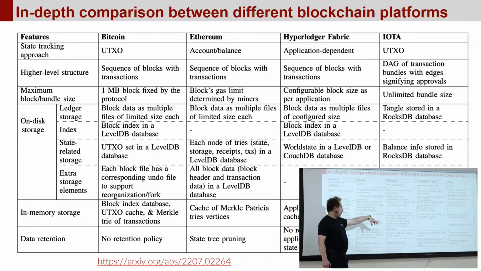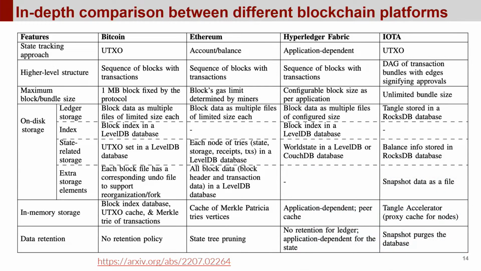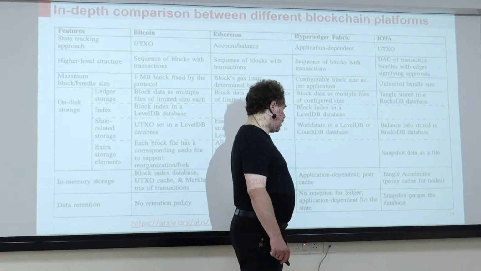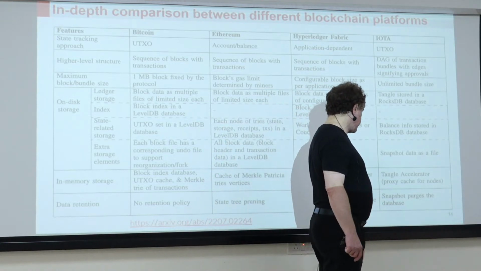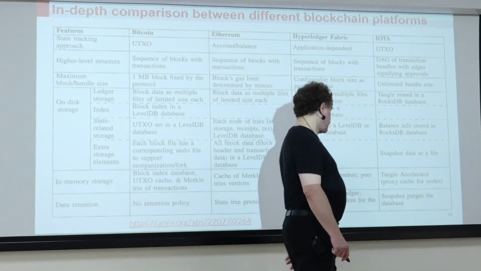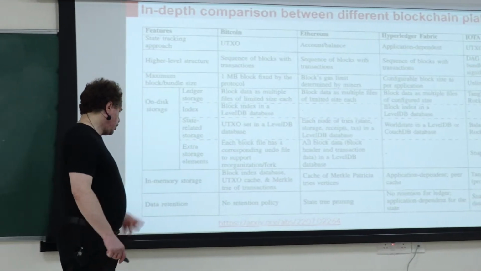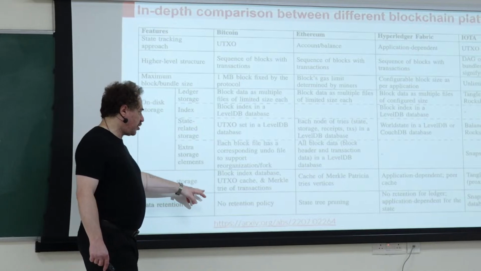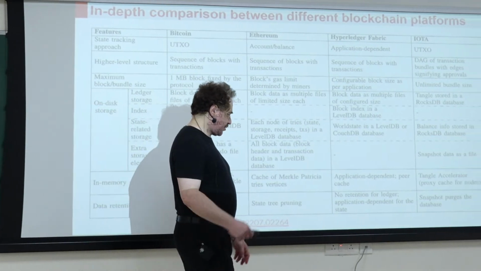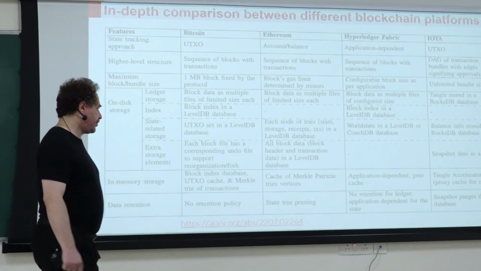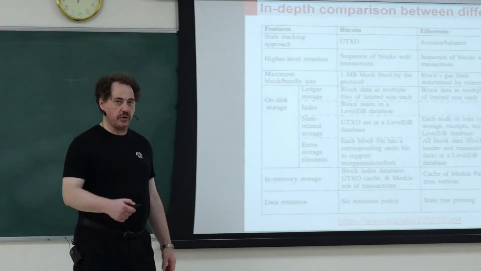Additionally, IOTA maintains snapshot data, and the snapshot purges the database. And there is some additional technology in IOTA which provides in-memory storage for faster processing. It's called Tangle Accelerator, which is effectively a proxy cache for nodes.